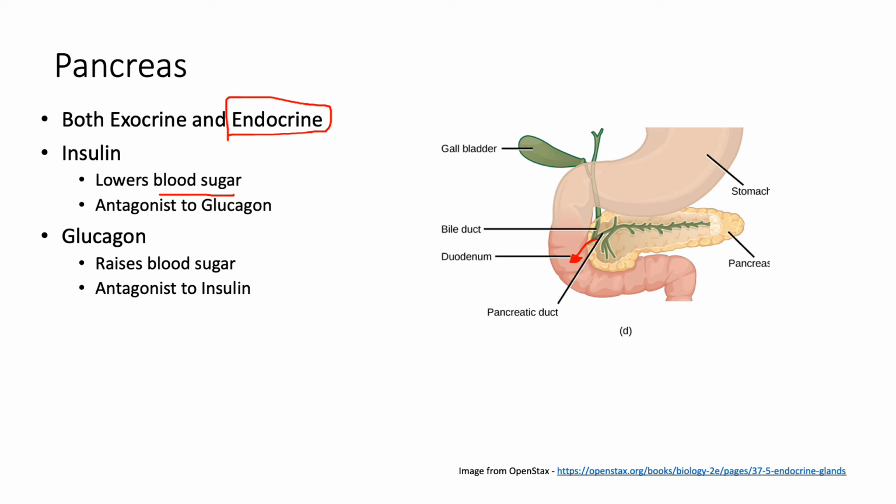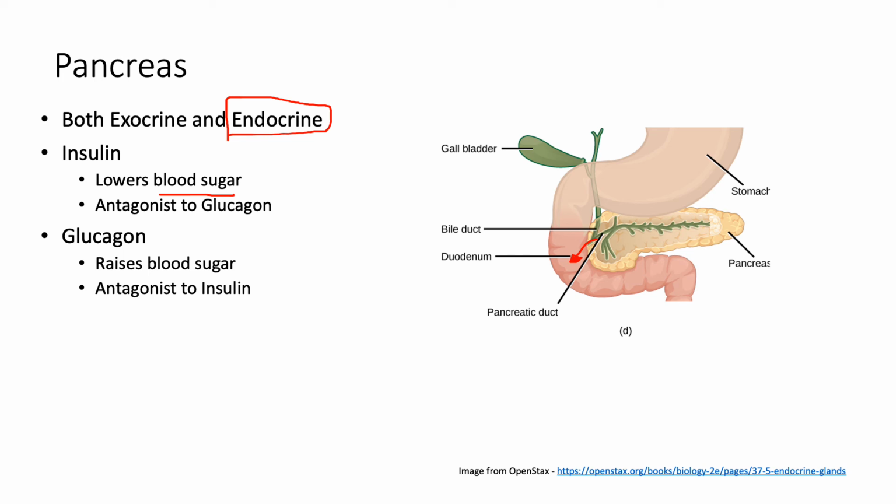Now, because we need this glucose level to be a constant level, we have another hormone that acts in opposition to insulin called glucagon. Glucagon is also made by the pancreas, and so it's going to raise the blood sugar level. So it is going to tell the liver to release glucose back into the bloodstream.